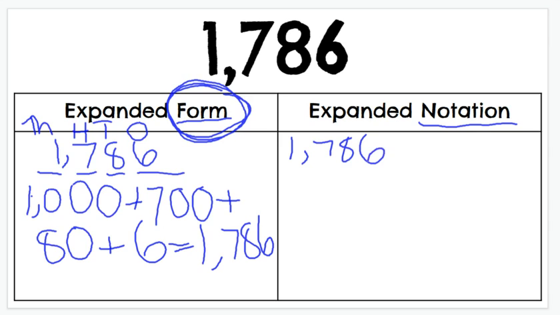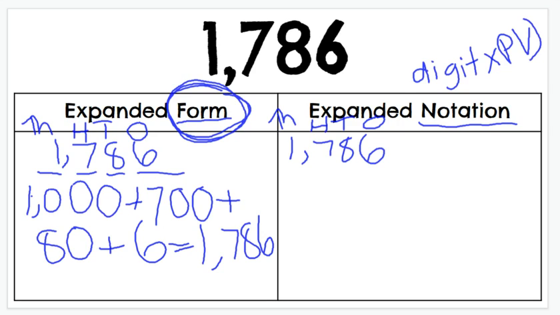1,786. And again, I'm going to label my place value. I have the ones, tens, hundreds, and thousands. I know that expanded notation is going to be stretching out a number to show the digit times my place value.